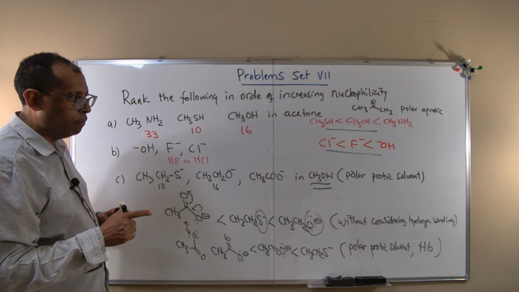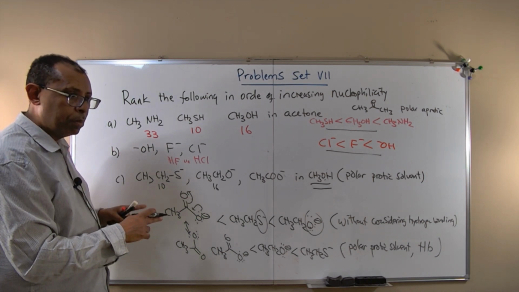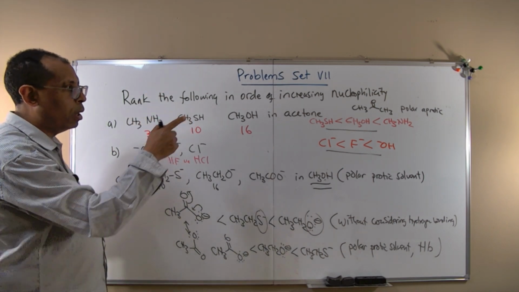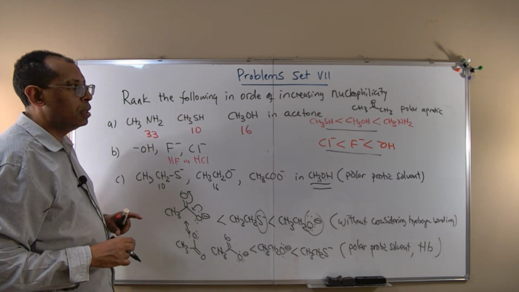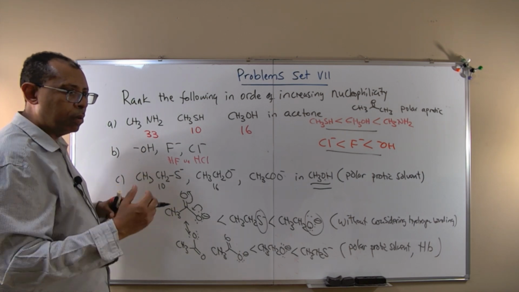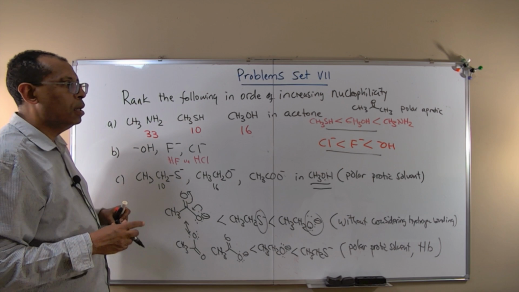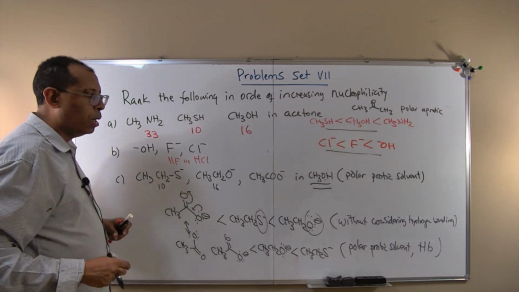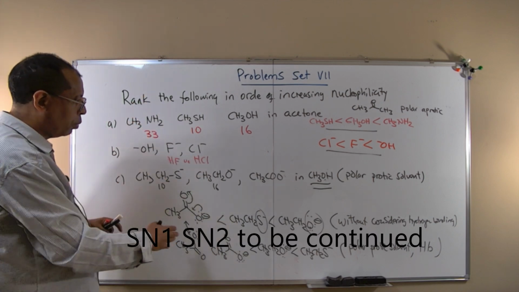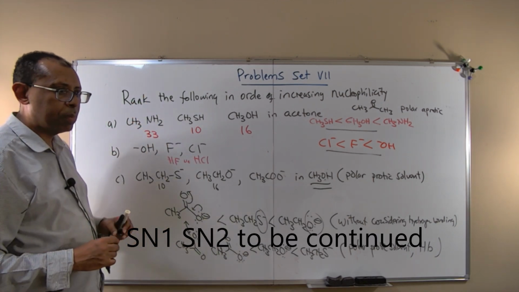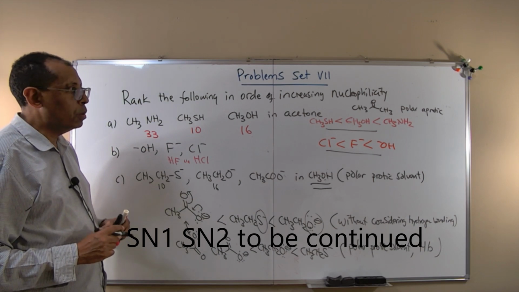Polar protic solvents usually make hydrogen bonding, reducing nucleophilicity. In polar aprotic solvent, they coordinate with the cation, making the nucleophile much more available. So there is a distinction between polar aprotic and polar protic, and also we studied nucleophilicity of different forms. So we'll continue with the next question.